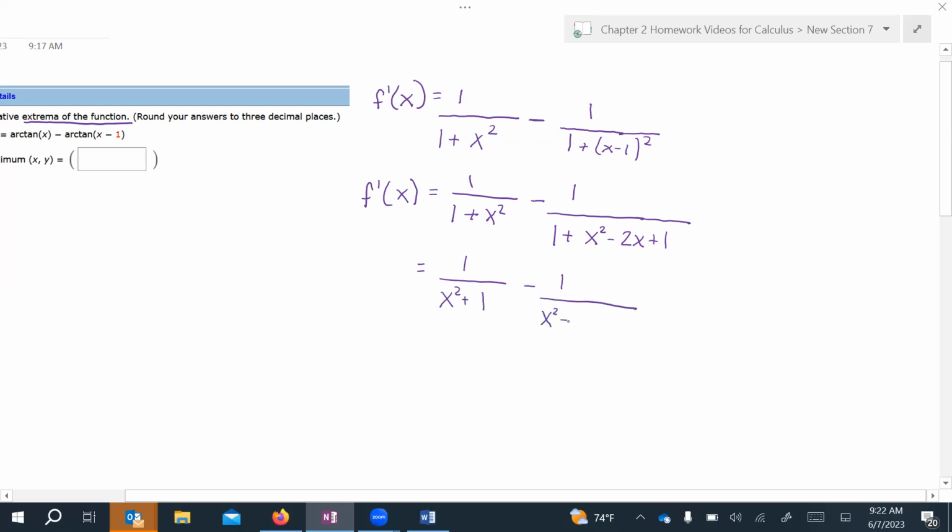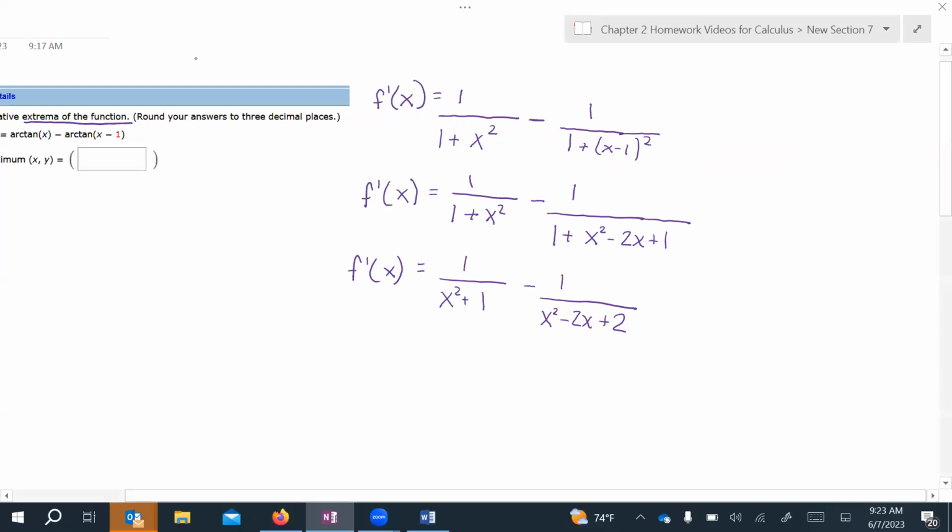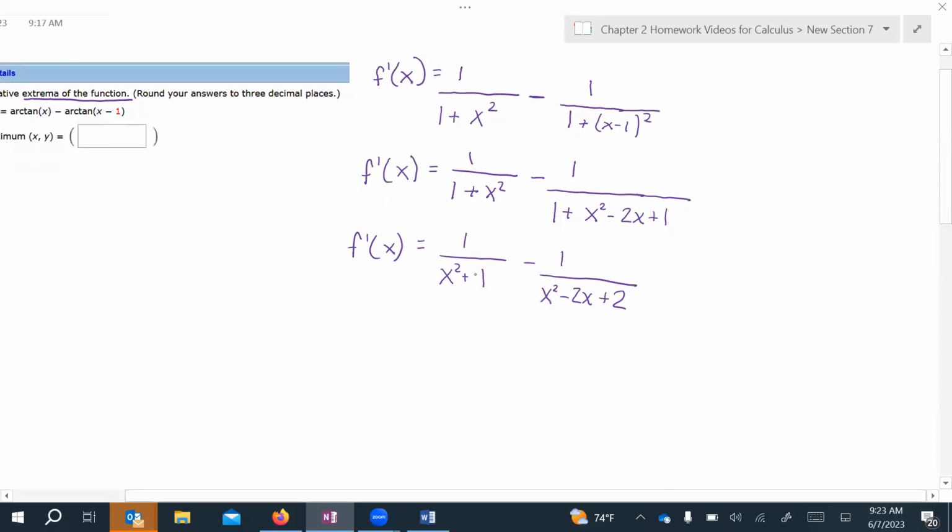Then we have x squared minus 2x plus 2. We'd want factors of 2 that add up to -2 in order for that to factor, and it doesn't need to. My goal would just be to combine these into a single rational expression.